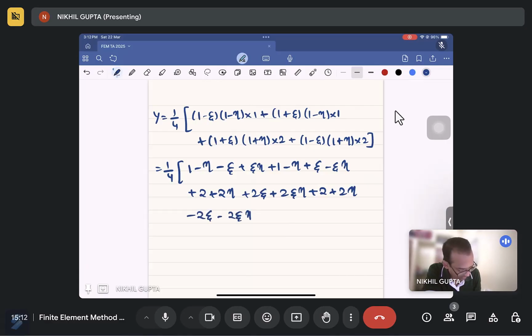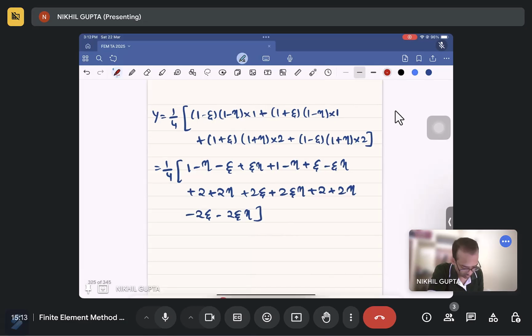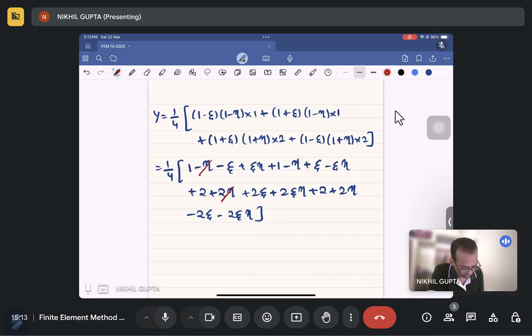When you cancel the terms, this 2 eta will be cancelled by these 2 etas, then the xi terms cancel, and the 2 xi eta terms cancel as well. When you simplify it, you will get 1 by 4 of 6 plus 2 eta.